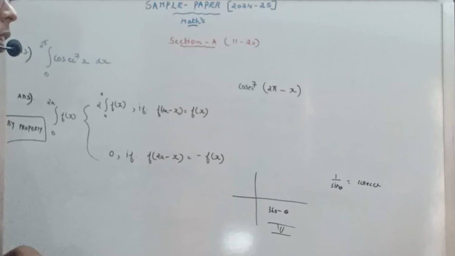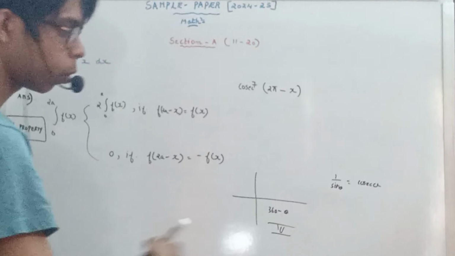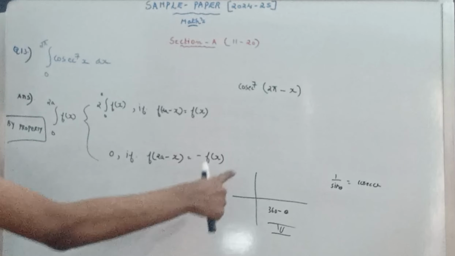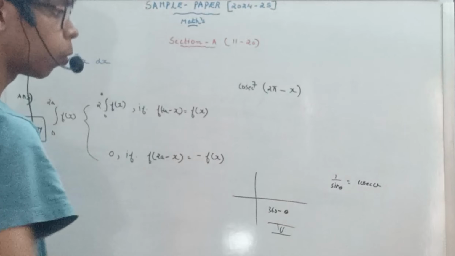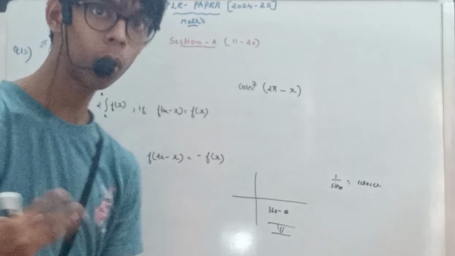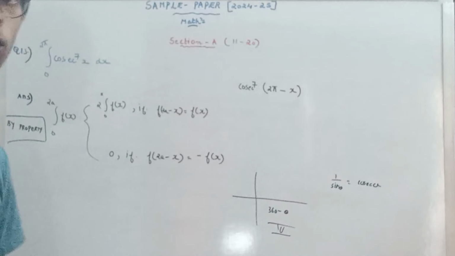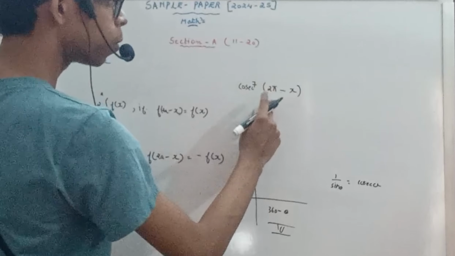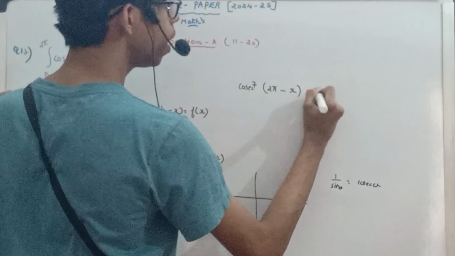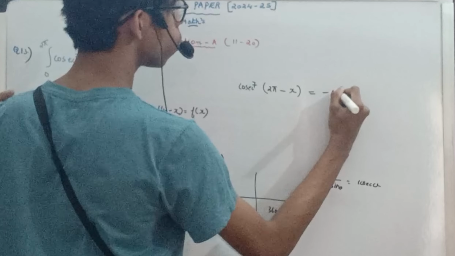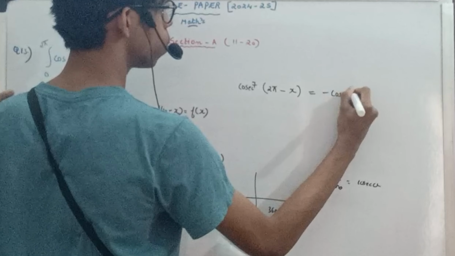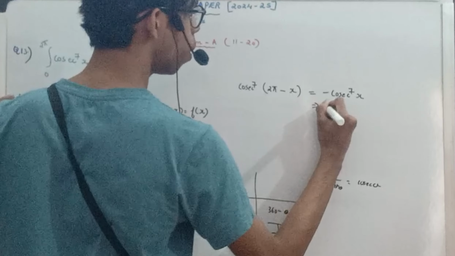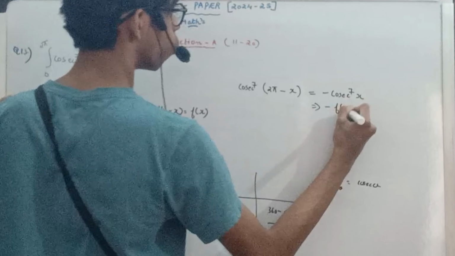All the other trigonometric values are negative. Sine is only positive in the second quadrant, so in the fourth quadrant sine is negative, so its reciprocal cosec will also be negative. So we can say that cosec raised to 7 of 2 pi minus theta will be equal to minus of cosec raised to 7x, which is basically equal to minus of f of x.